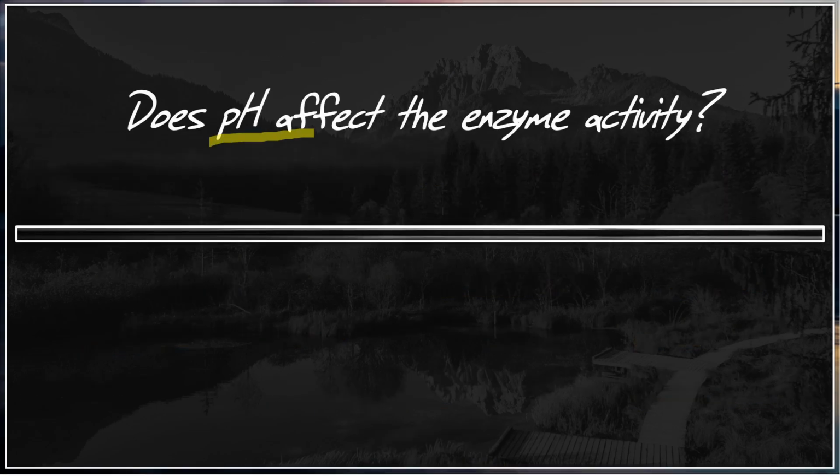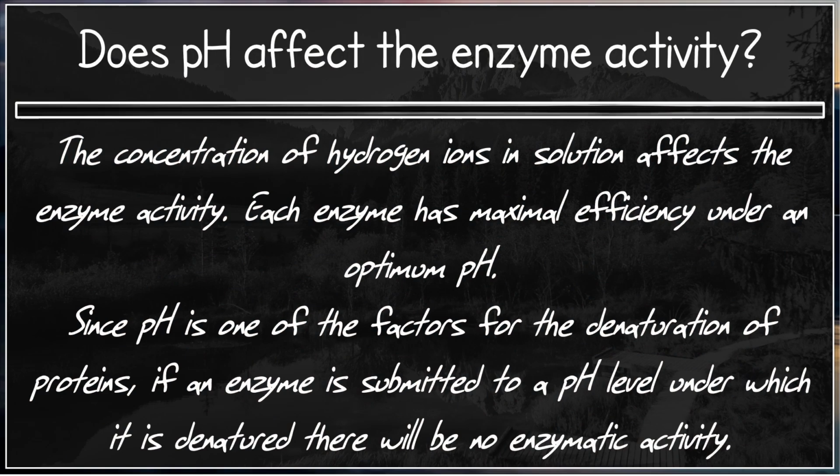How does pH affect the enzyme activity? The concentration of hydrogen ions in solution affects enzymatic activity.